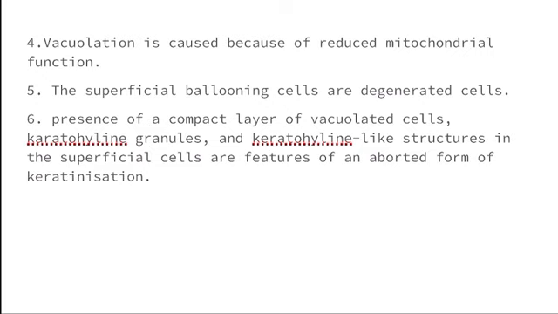So they are responsible for the keratinization of the superficial layer of the cells, but other than keratinizing, they are aborted. They were meant to function to keratinize, but now they are aborted, and now they are a layer of degenerated cells.